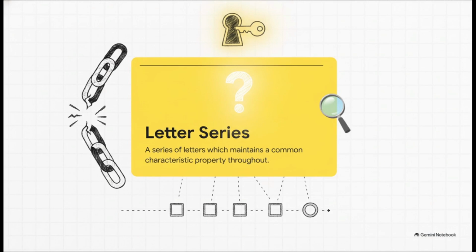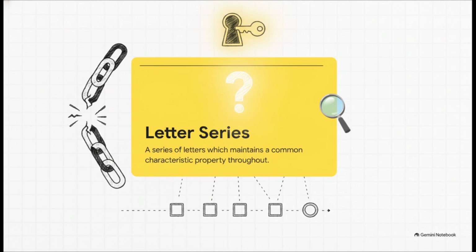The manual tells us that a letter series is basically just a sequence of letters waiting to be cracked, all because they share a hidden secret rule. The official definition is a series of letters which maintains a common characteristic property throughout. In simpler terms, it's literally just a line of letters that follow a specific pattern. If you can figure out the pattern, that secret common property, you crack the code and find the missing letter.